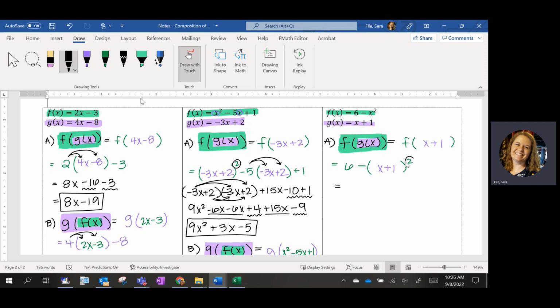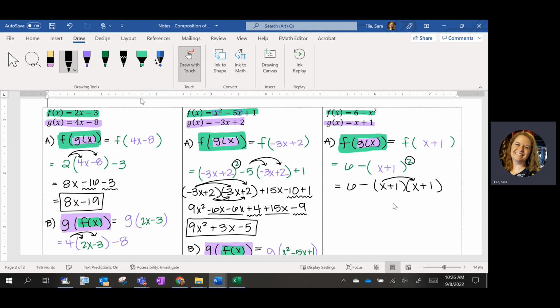Exponents, and we have one of those. So we're going to have the 6 and the minus, they're not going to go anywhere. But I need to take care of that exponent, that square, by squaring x plus 1. So x plus 1 times x plus 1 needs to happen first, so I'm going to FOIL that out.